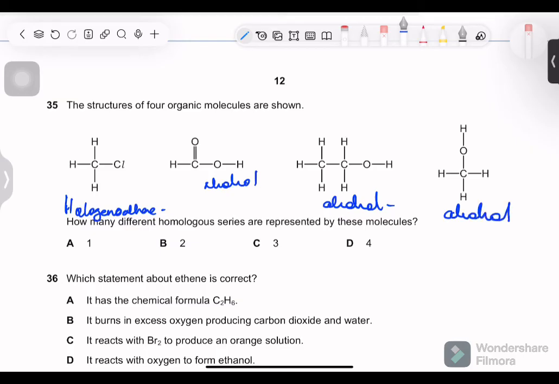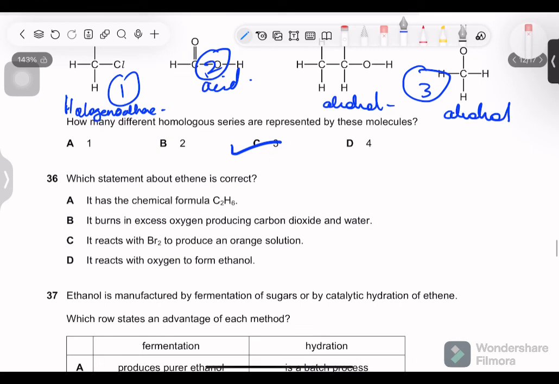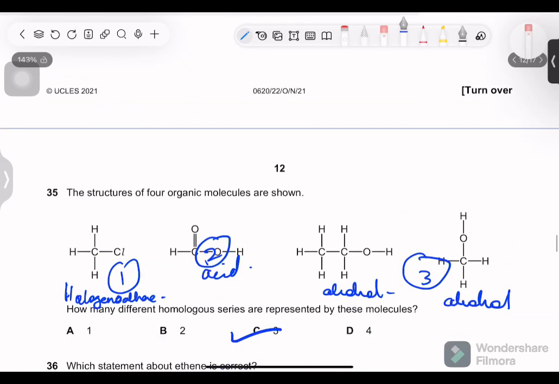But oh no, my mistake. How is this an alcohol? This is COOH. I didn't look at it carefully. This is an acid. So 1, 2 and 3. 3 functional groups. Don't think that this is an alkane. This is a halogenoalkane because it has a halogen attached.